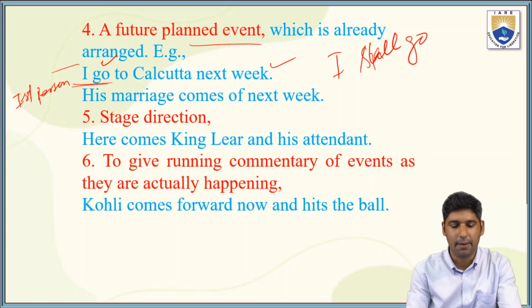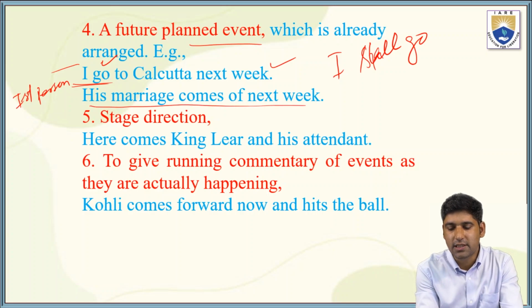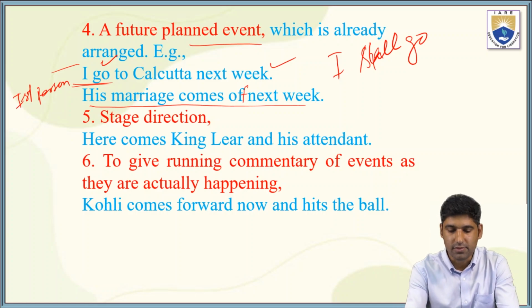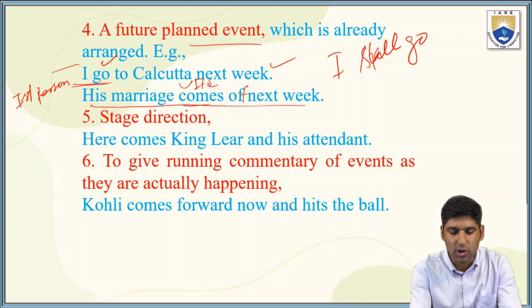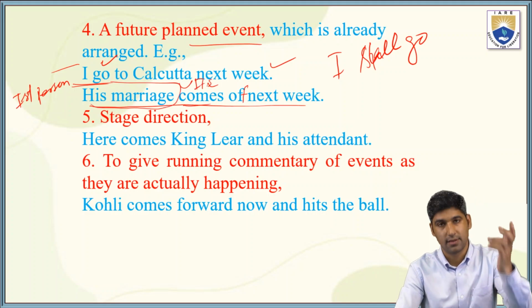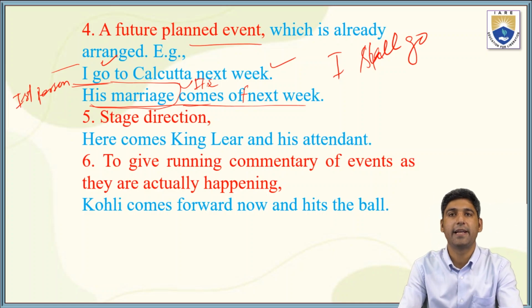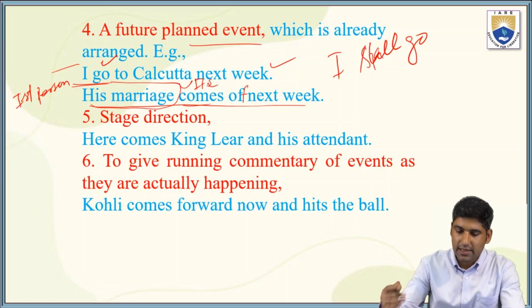Now again another example. His marriage comes off next week. Comes, verb first form plus S, because it is third person, his marriage. Rahul's marriage comes off next week. So it is next week.